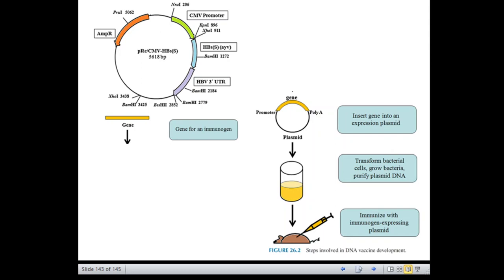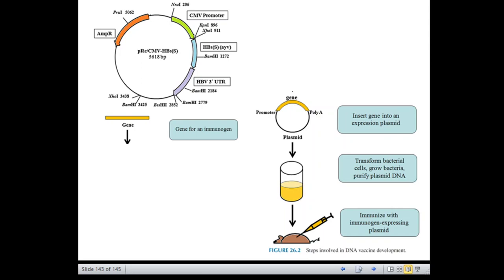So the construction of bacterial plasmids with vaccine inserts can be accomplished using recombinant DNA technology. The expression plasmids used in DNA-based vaccinations contain two units.